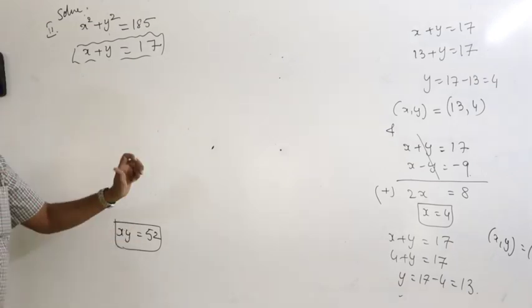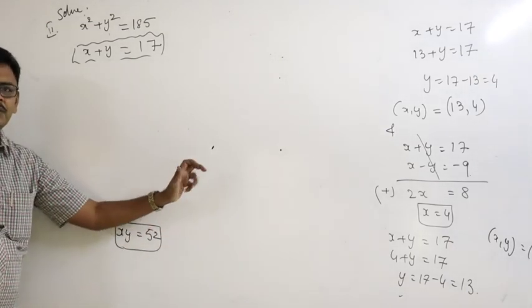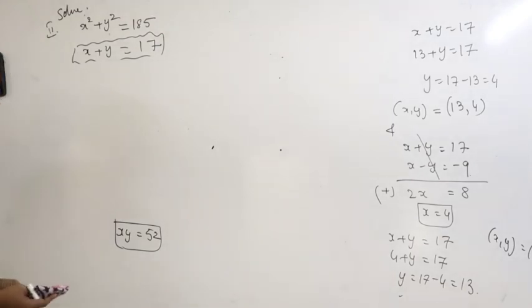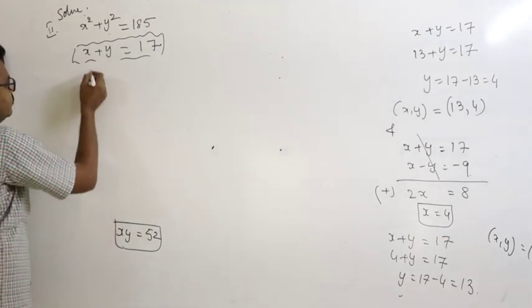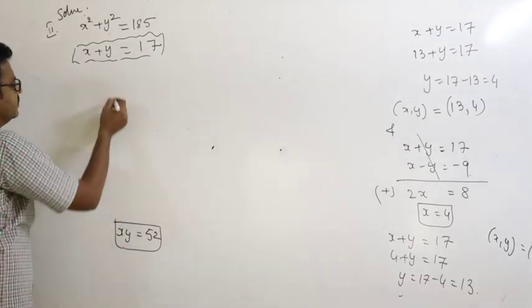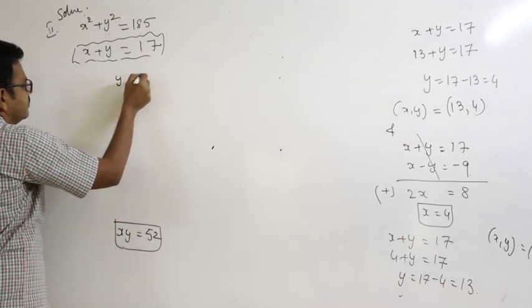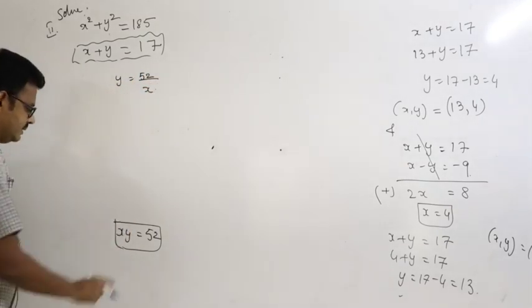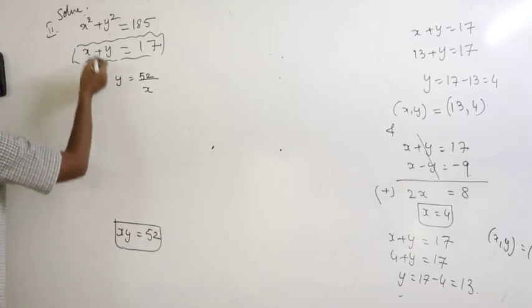So you may have some doubts which you are not able to ask in this process. Sir, I am doing one way. We know the value of x plus y, and xy value is 52. I want to write y is equal to 52 by x and substitute here.